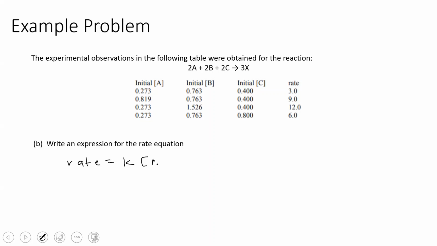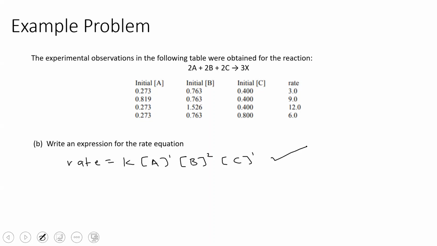So we have concentration of A, and we said A was first order, so it's to the first power. We have B, and we said B was second order, so it's to the second power. And we said C was first order, so we have it to the first power again. And this would be all we're looking for in this problem.